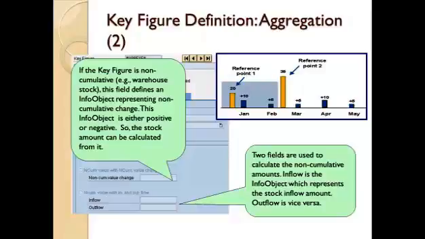The first way is to use a non-cumulative value change text box. Okay, so in that text box, if we choose that method, then SAP BW will expect a number that represents the net change of inventory value from the first month to the second month. Okay, so the net change may be a positive number or it may be a negative number. It doesn't matter.